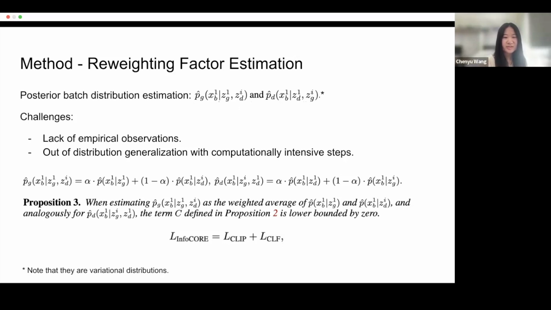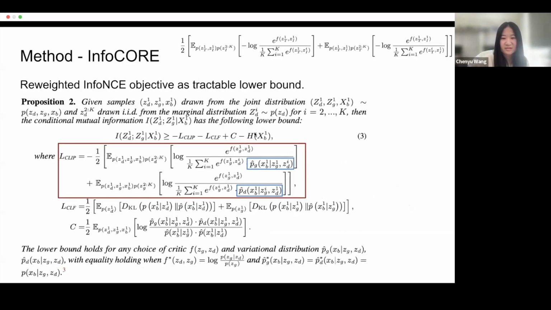So due to these challenges, we choose to approximate these posterior batch distributions conditioned on both latents with a weighted average of the posterior batch distribution conditioned on a single latent, as shown here with the weight hyperparameter alpha. And we can further show that with this estimation, the second last term C will be lower bounded by 0, and the last term is a constant.